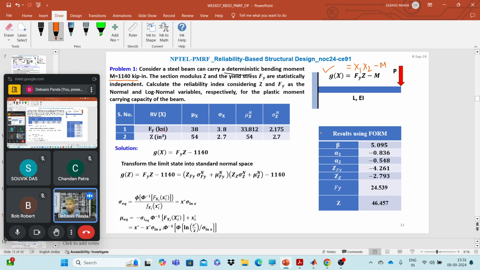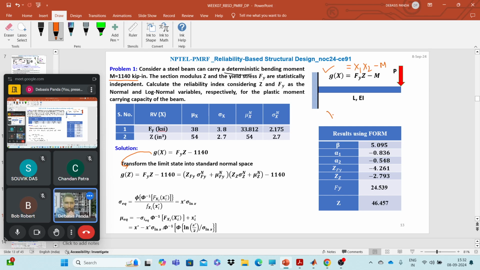If we want to solve for the probability of failure using the Breitung approximation, first we need to solve up to the final beta and alpha using Rackwitz's algorithm. So recall Rackwitz's algorithm. First we need to convert this into standard normal space, the Z space. How can we convert it?